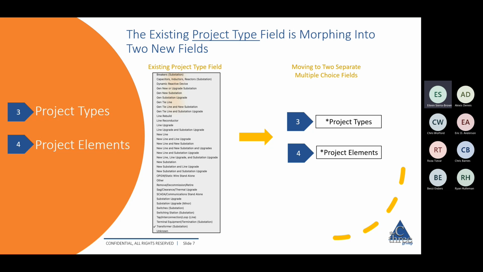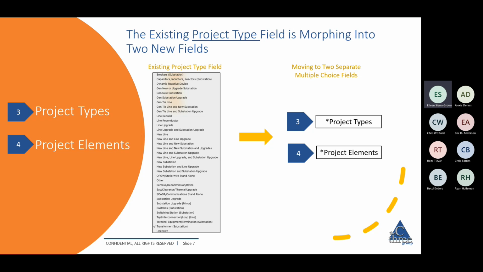Back when we started in the early 2000s, we had a drop-down list, a project type that was always a growing, never-ending list of different elements that a project could contain. So for example, you could have a project that was a line rebuild, a substation upgrade, and have a SCADA element to it, or have numerous components to it.